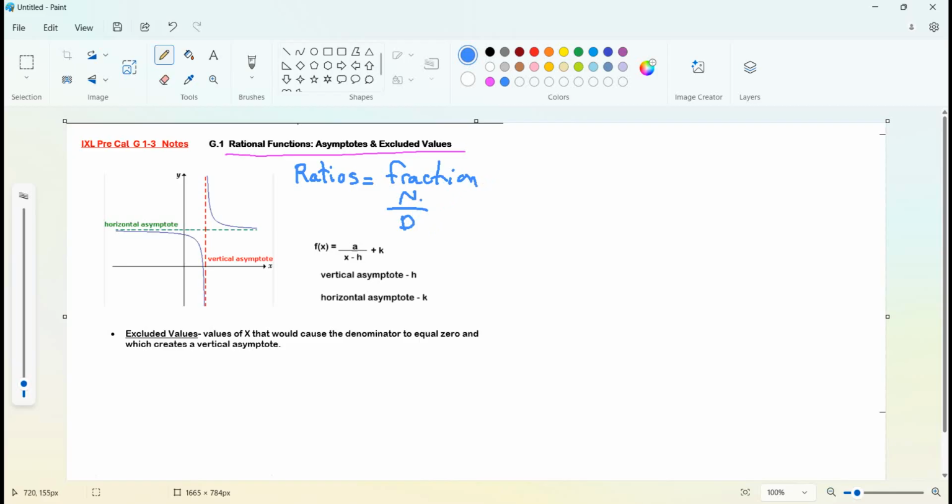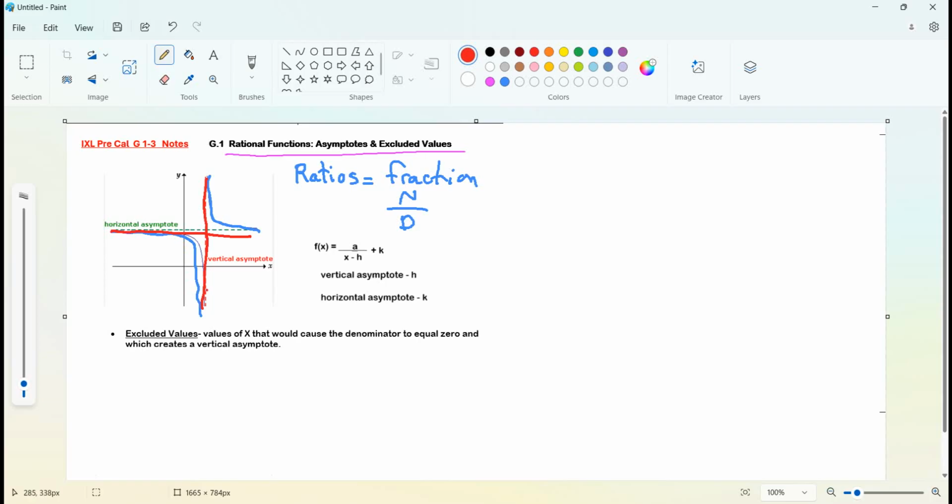it's broken. So one thing that we know about rational functions, when they show up on the graph, they show up broken. I'll try to sketch this line. So part of the graph will show up over here, and the other part is going to show up over here. It creates these excluded areas on the graph.